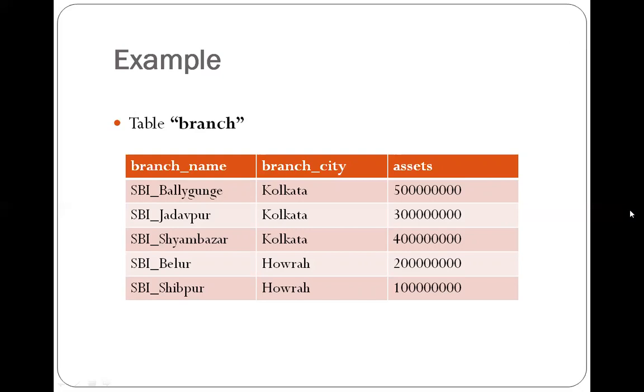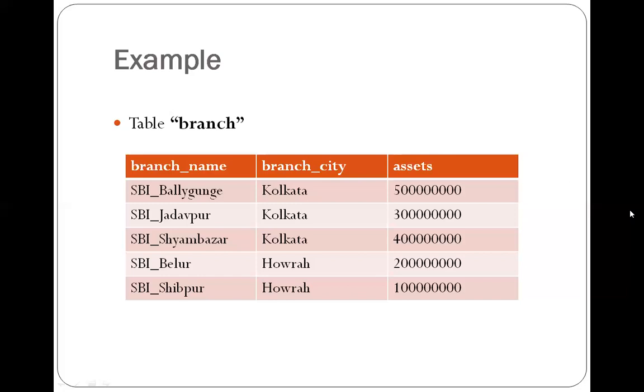There are 3 columns: branch name, branch city, and asset, and there are 5 records. Branch name is the primary key, and all these values of branch name are unique.